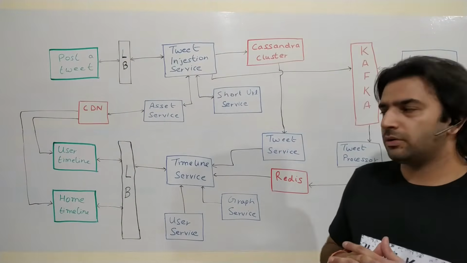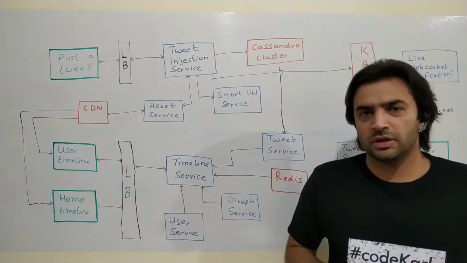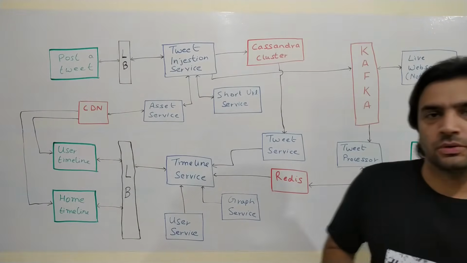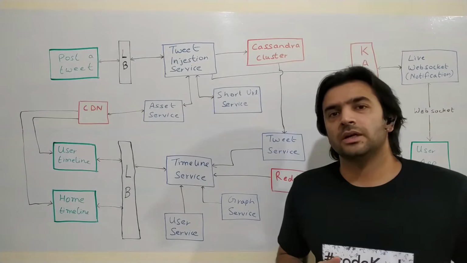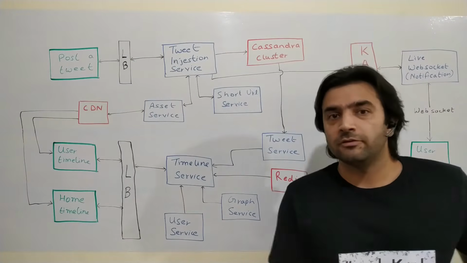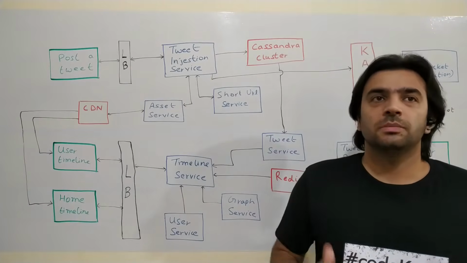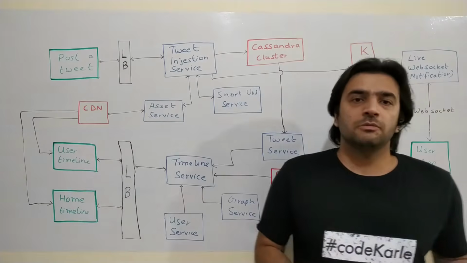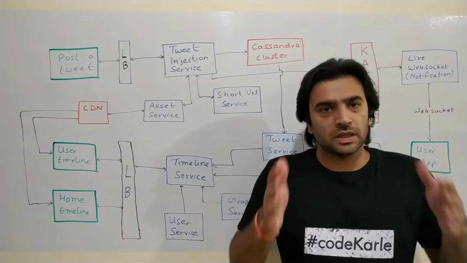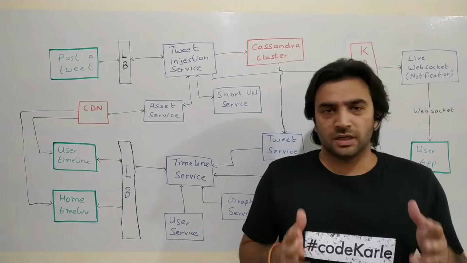Okay. Now, for a second, quickly jumping to the user side of things, and then we'll get back to how the flow works. So when somebody wants to look at the tweets, on the read flow, there are two kinds of views that a person can have. One is called a user timeline. A timeline is basically a series of tweets ordered by something, generally by timestamps.